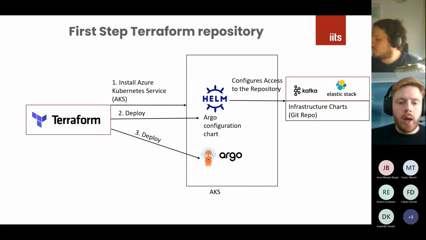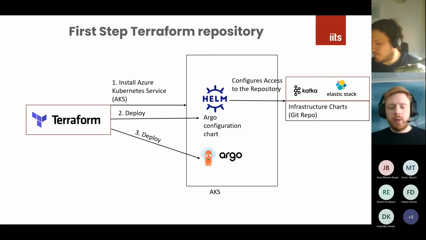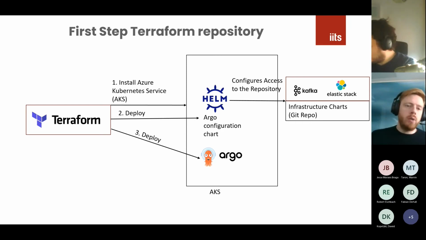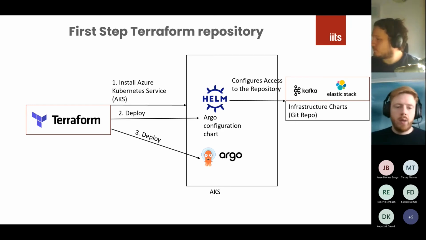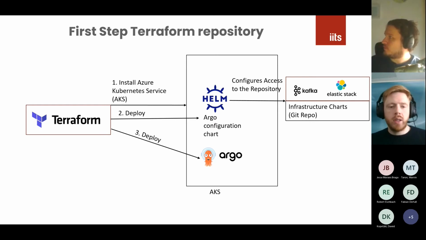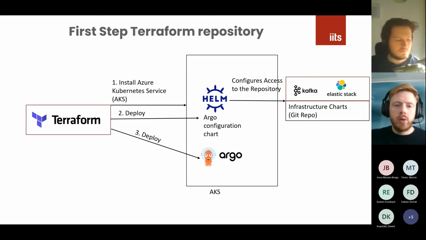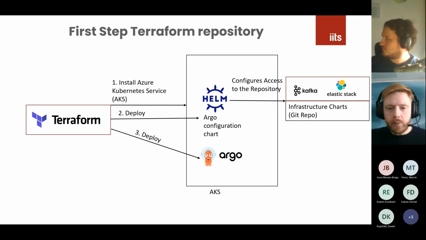I will not tell you all the details because it's just some modular stuff. I go to my previous projects and copy the Kubernetes cluster which I used previously. This is the part where it creates the resource group, creates the Kubernetes cluster, and tells me which kubectl command I should execute so I can connect to the cluster.